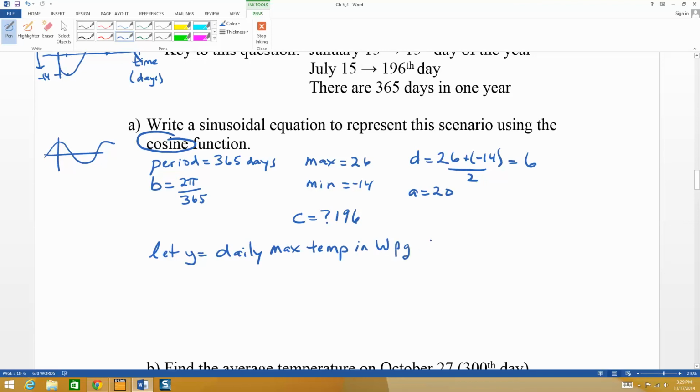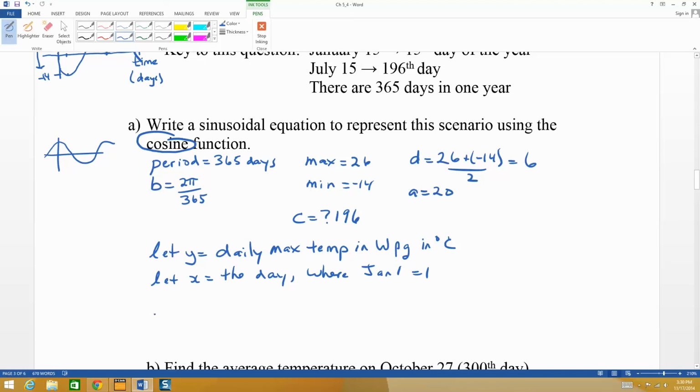Just to be thorough, we'll include our units: the temperature is in degrees Celsius. And let x equal the day, where January 1 equals 1. I think that makes it fairly clear.